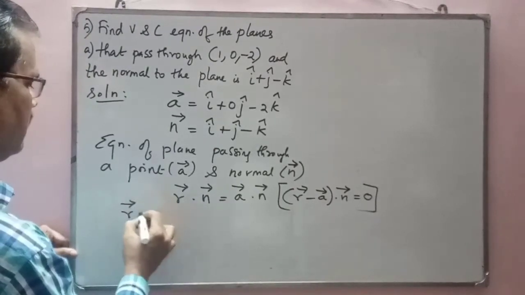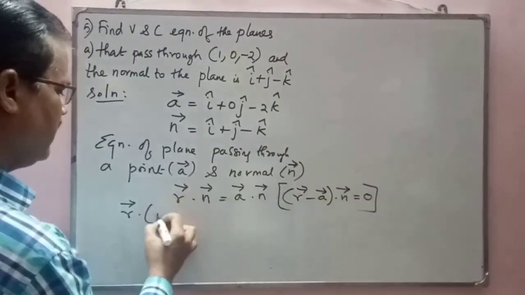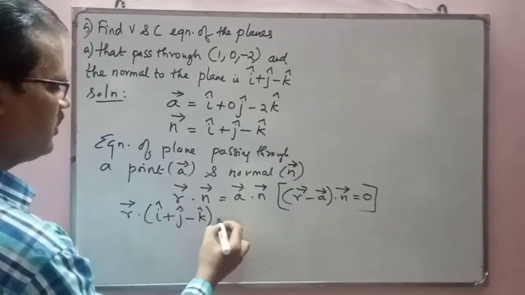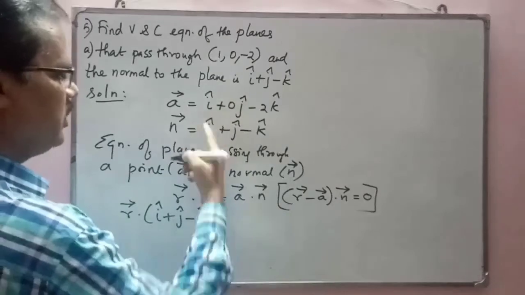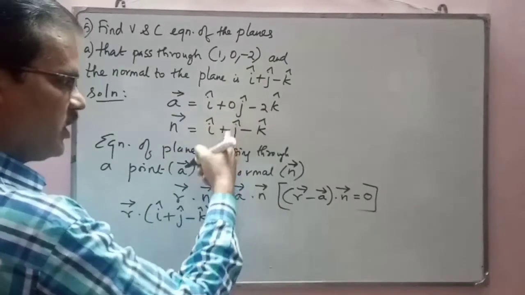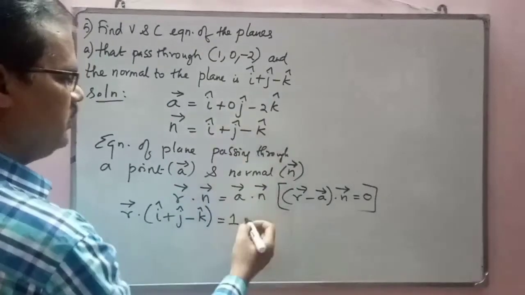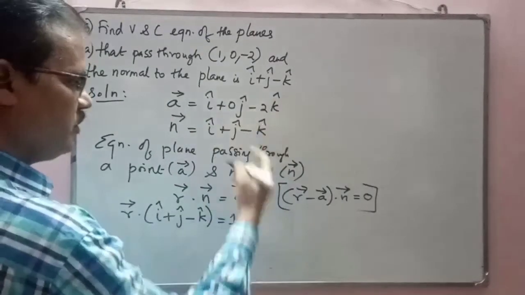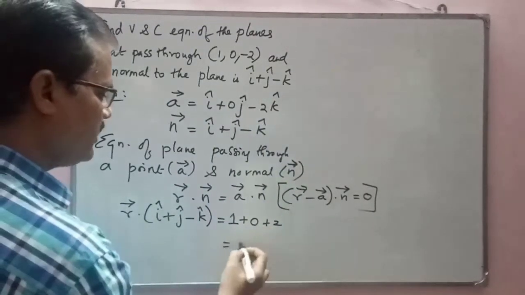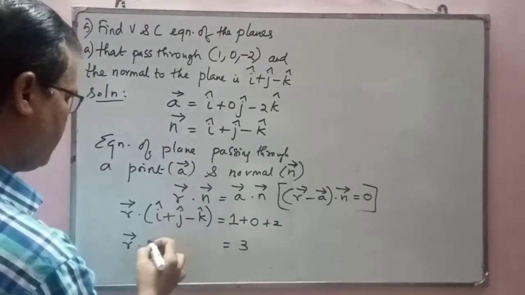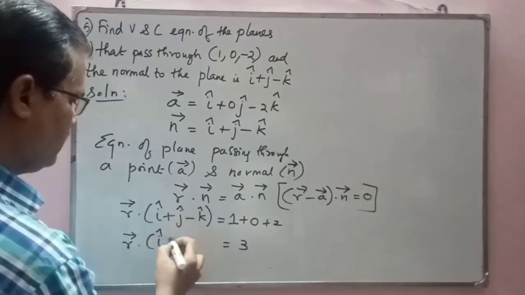r vector dot n vector, this is a very clear question, i plus j minus k cap, equals a dot n. We have to do the dot product. We know dot product means you have to multiply only the coefficients. 1 into 1 is 1, 0 into 1 is 0, minus 2 into minus 1 is plus 2. So you have a 3 on your right hand side. I did a scalar multiplication here, so a scalar product.